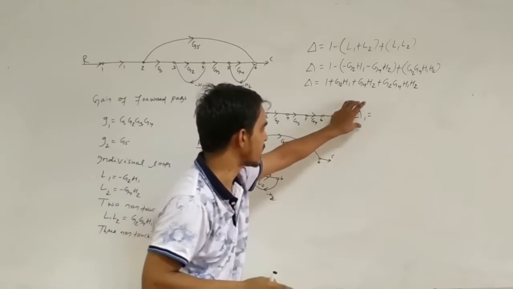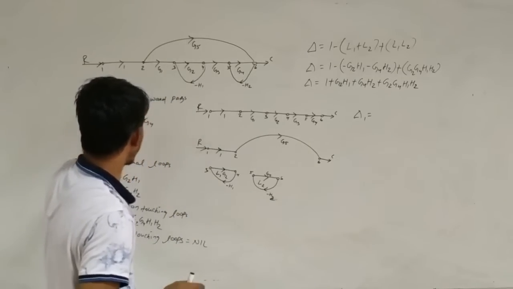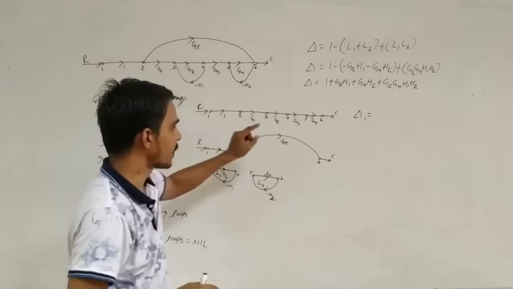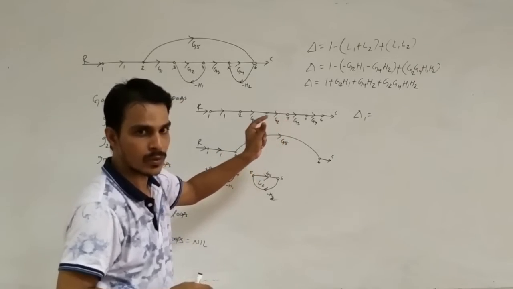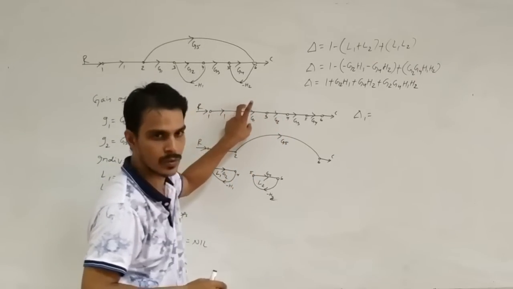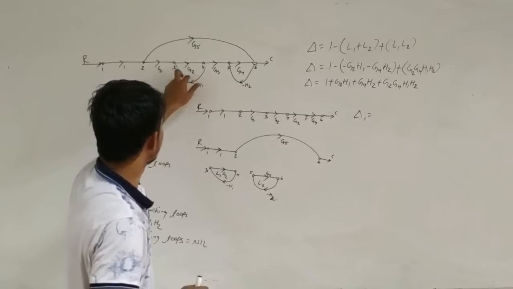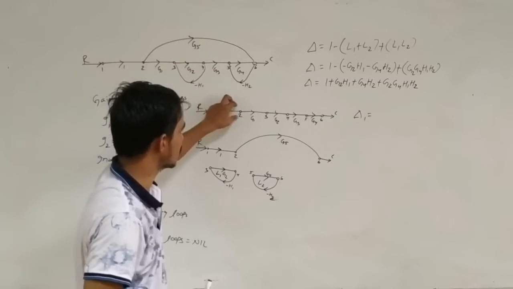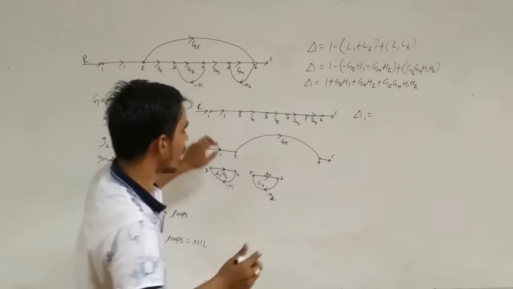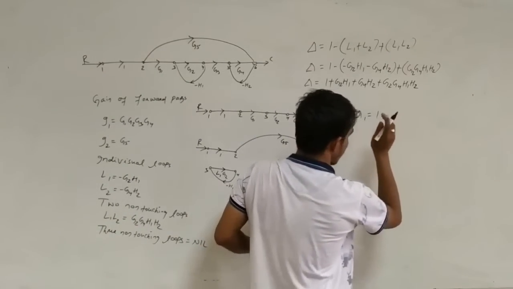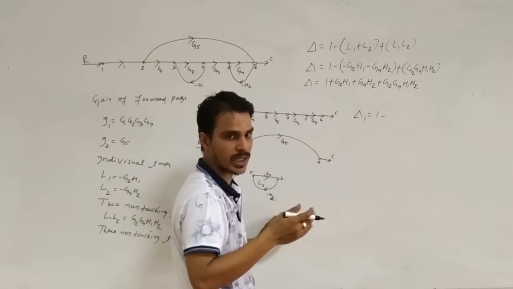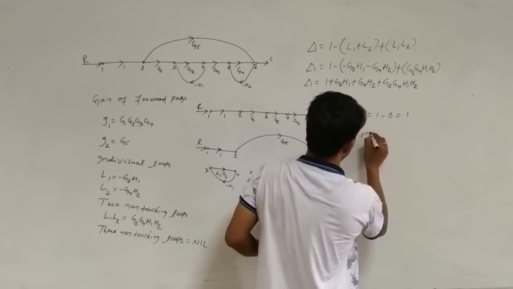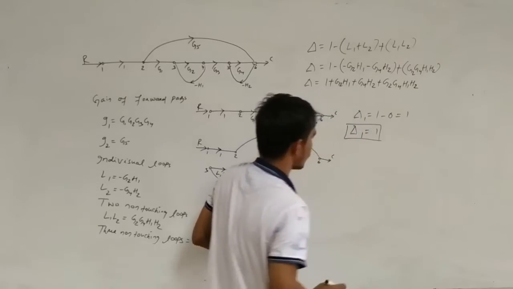While considering delta 1, we have to consider the forward path G1, this path, and check if any loop is available which is not touching this forward path. There are two loops L1 and L2, both touching this straight forward path. So 1 minus the loop gain not touching the kth forward path is 0. So delta 1 equal to 1.